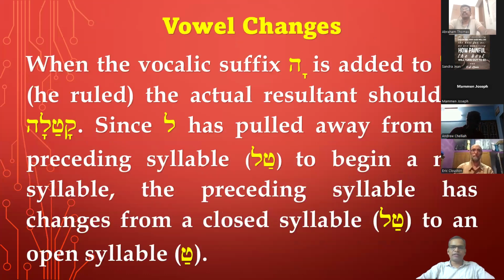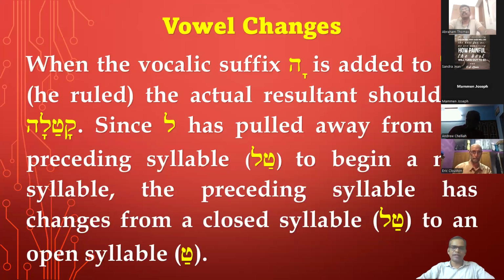When Kamatske is added to Kachal, the result should be Kachala. Kof, Kamets, Te, Pata, Lamet, Kamets, and Ke.